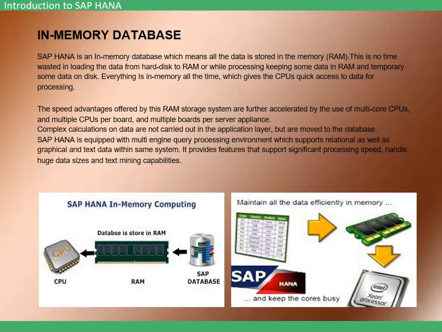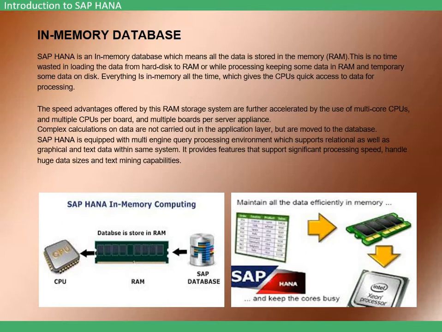SAP HANA is an in-memory database, which means all the data is stored in the memory, which gives the flexibility of loading the data faster as compared to loading the data from the hard disk.